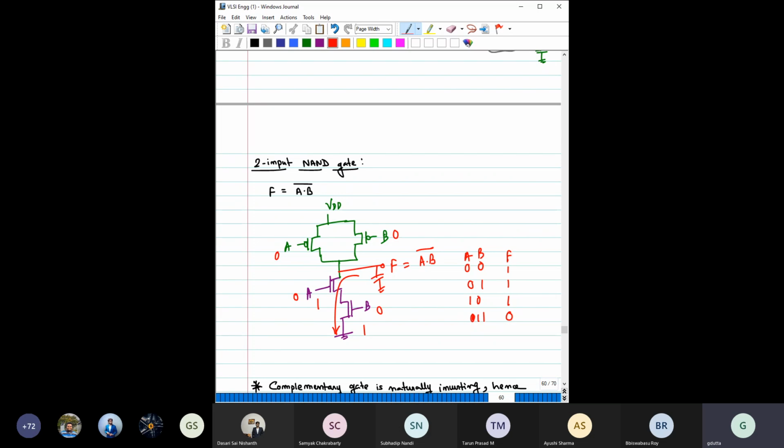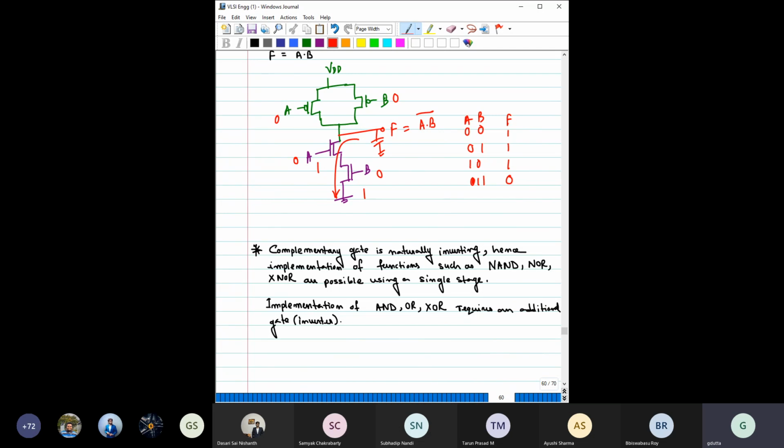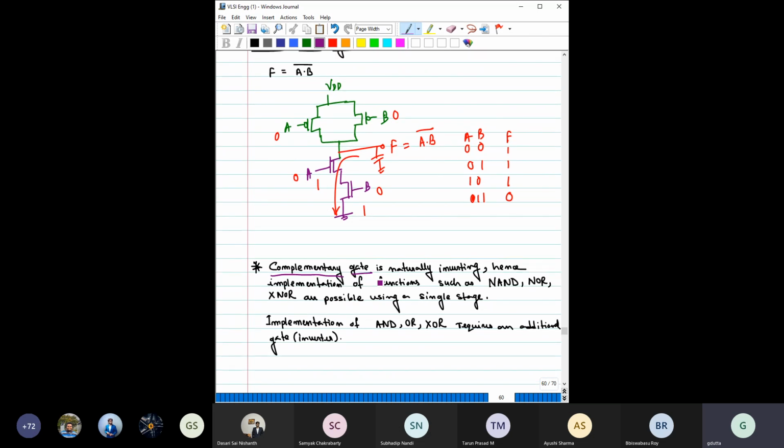Yeah, thank you, Ayushi. So from here you can also probably have noticed that this complementary gate implementation, by default, is inverting type. So that means we are getting NAND gate, NOR gate, XNOR gate in a single stage.